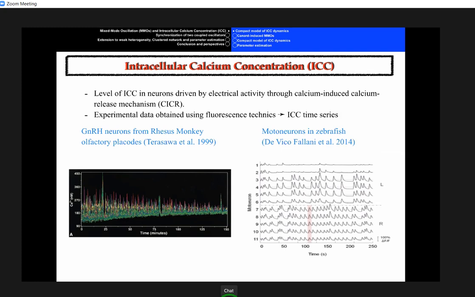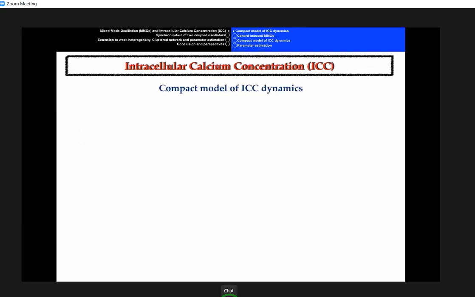Okay. And I was very interested in developing a compact model using the formalism of slow-fast dynamics, which is well suited to reproduce the time series obtained in neuronal activity, in both the GnRH neuron networks and the motoneuron networks.